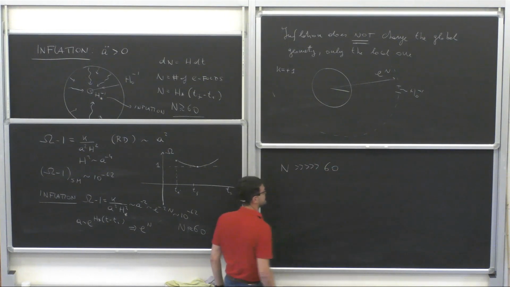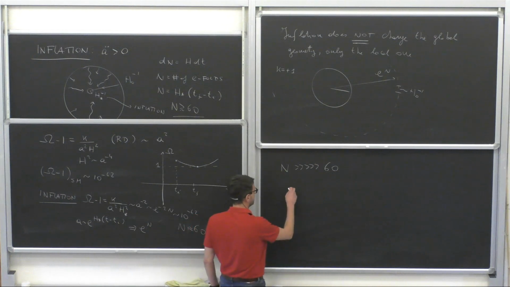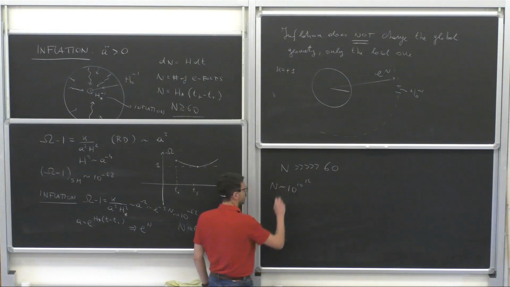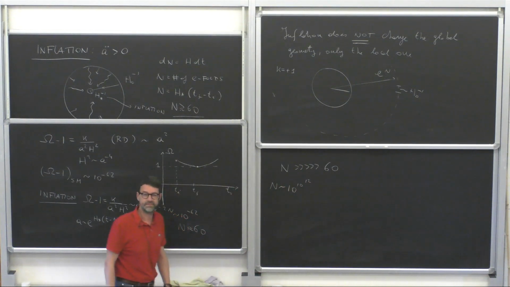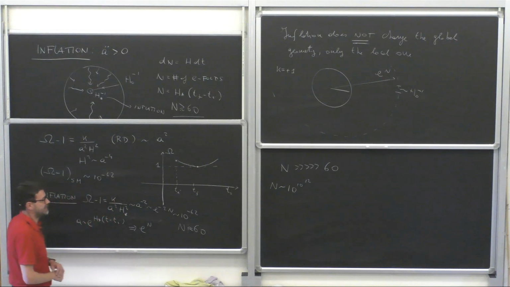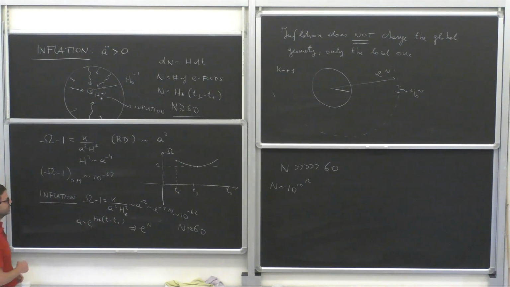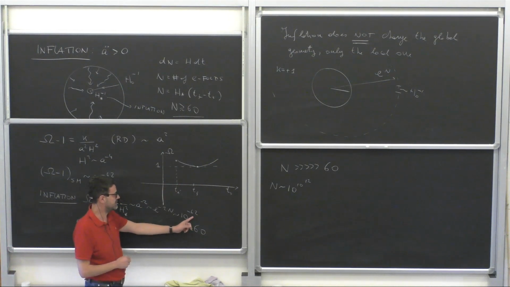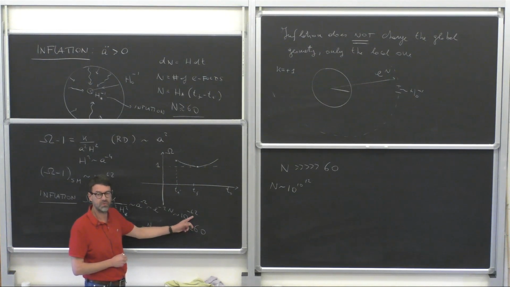For instance, we will see that the number of e-folds for the phi squared model is 10 to the 12. So inflation lasts for a large number of e-folds, in such a way that Omega minus 1 at the end of inflation is not equal to 10 to the -60, but much smaller than this.